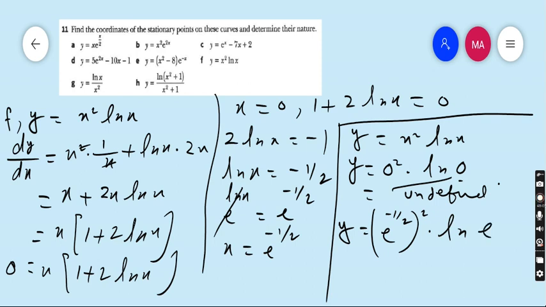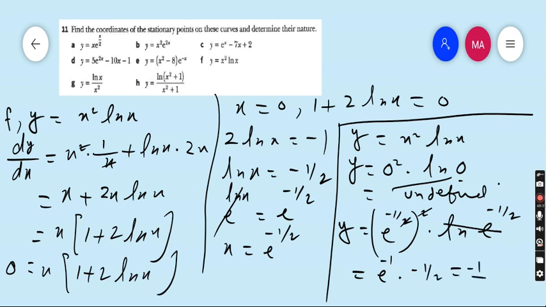x is e power minus 1 upon 2. So power to the power is multiplied, 2 into minus 1 upon 2. 2 cancel by 2 is minus 1, and dot ln and e cancel is minus 1 upon 2.